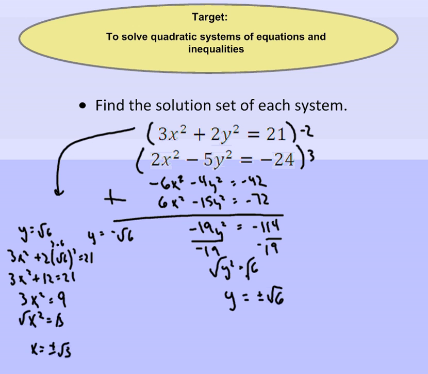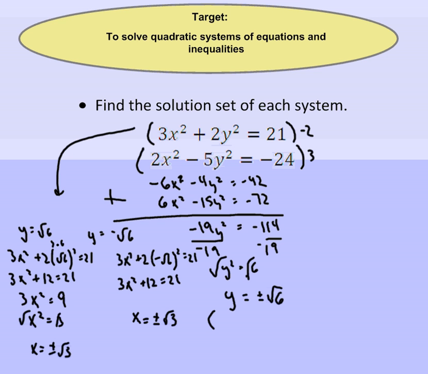When I take care of the other case, I have 3x squared plus 2 times negative square root of 6 squared equals 21. Hopefully you realize that when the negative number is squared, it's the exact same as the positive, so the equation ends up being exactly the same. So we already know our answer is going to be plus or minus square root of 3. What that means is both positive and negative square root of 3 work with both positive and negative square root of 6.